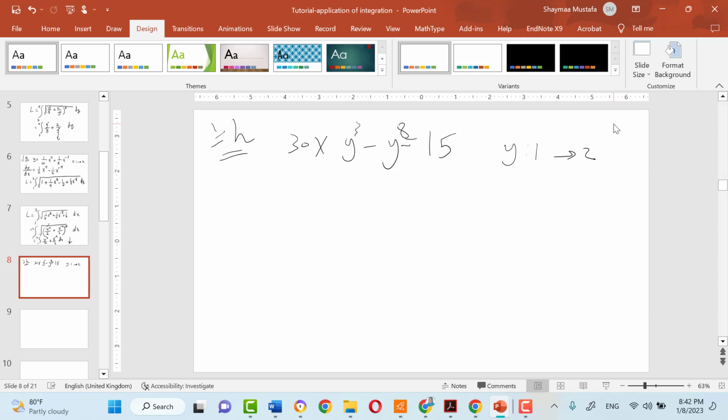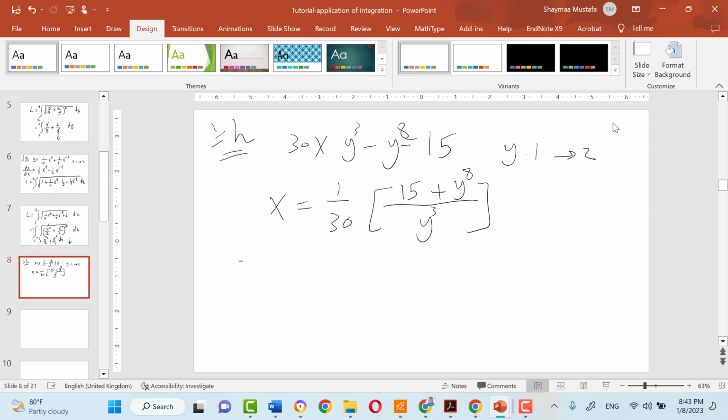So I need to write x as a function of y. So x from here is equal to 1 over 30 times 15 plus y to the power 8 over y cube.